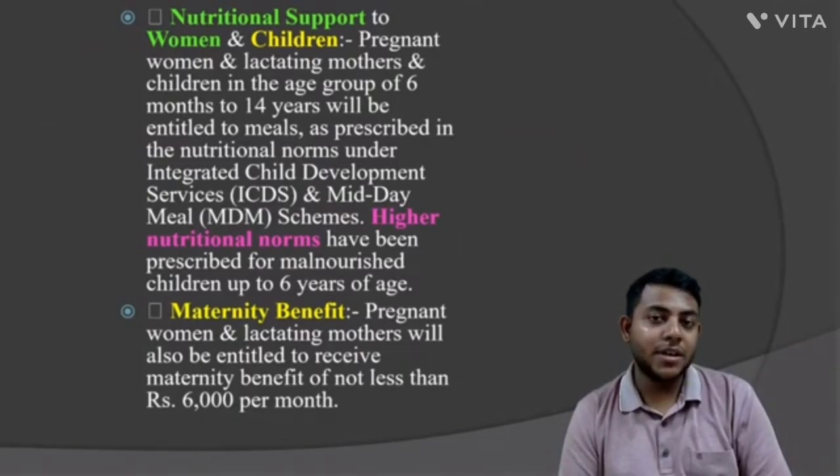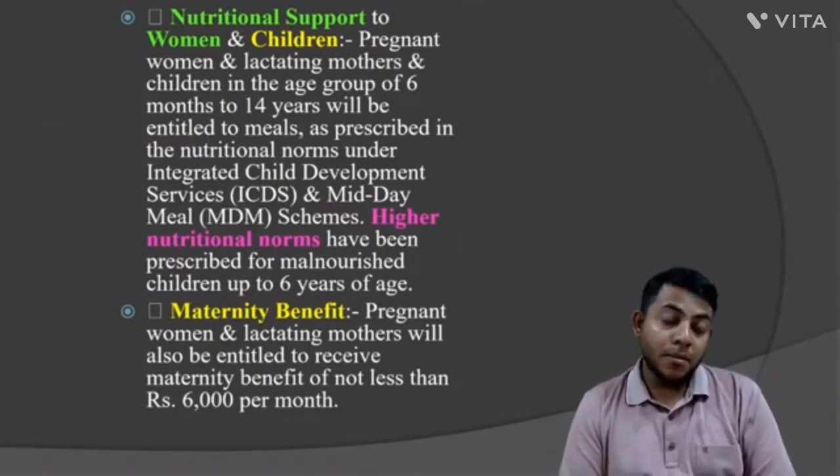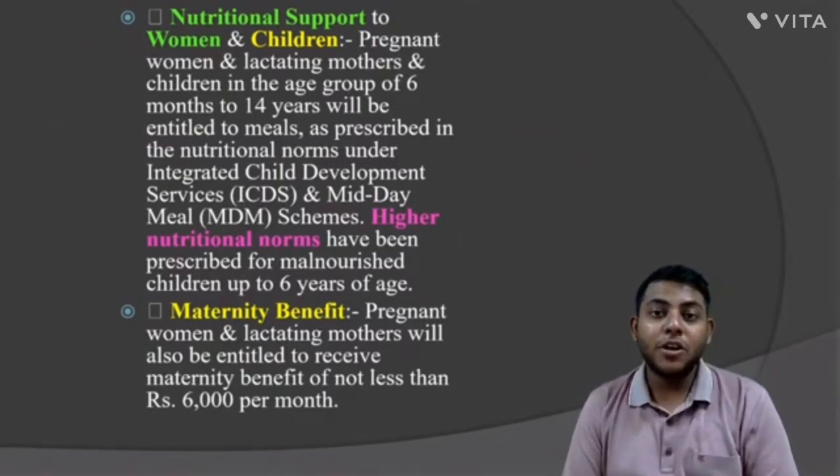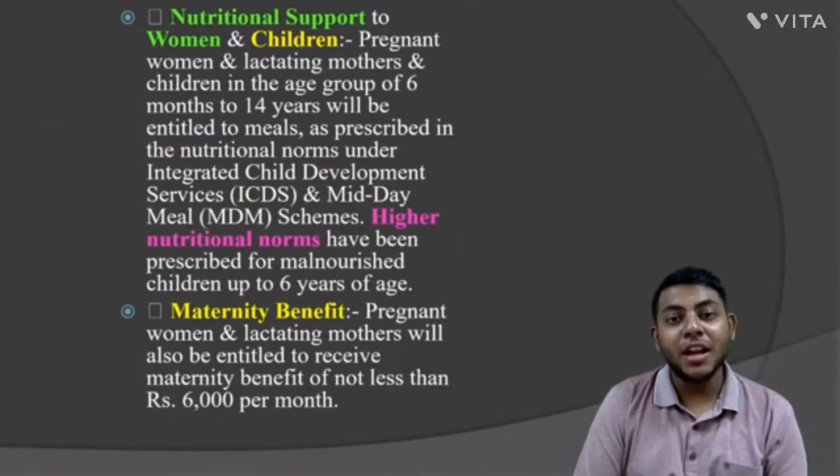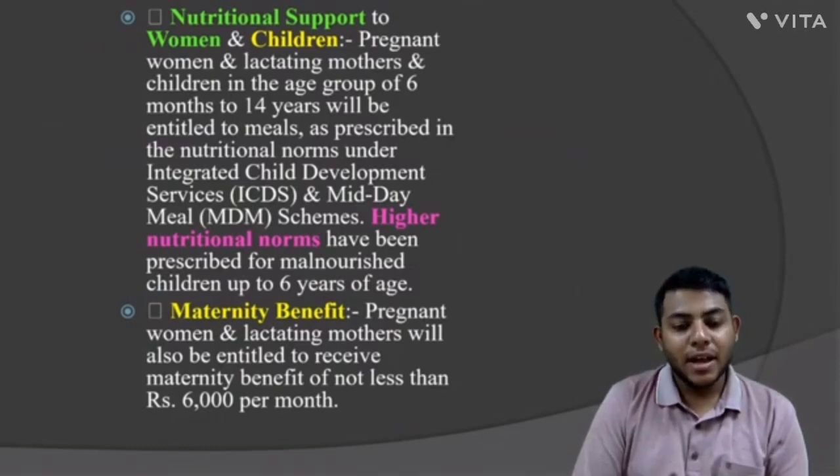Another salient feature of the National Food Security Act is related to Article 42 of the Constitution of India, which is a part of the directive principles of state policy. So, Article 42 talks about maternity relief, right?